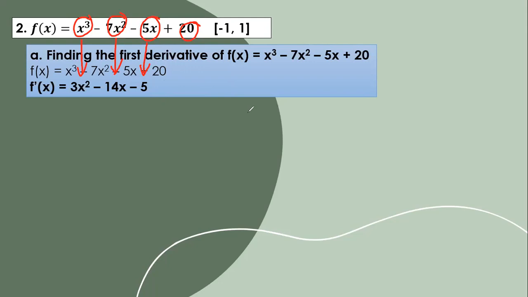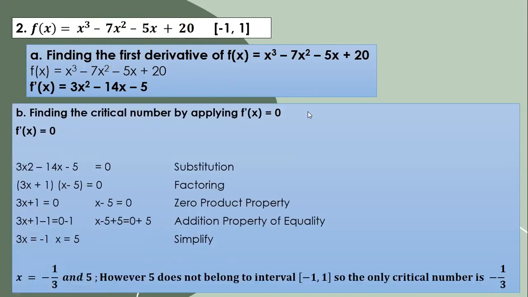And then, second step, again, equate sa 0. F prime of x is equal to 0. Okay? So, ito po yun. In-equate sa 0, that is 3x squared minus 14x minus 5 is equal to 0. To find the roots or to find the x, we have to factor out. Okay?